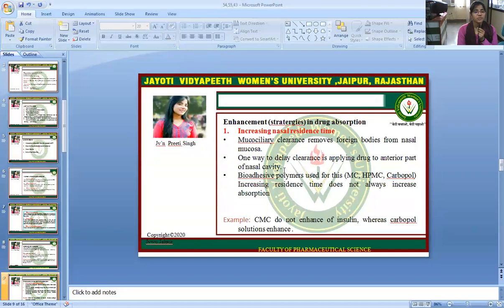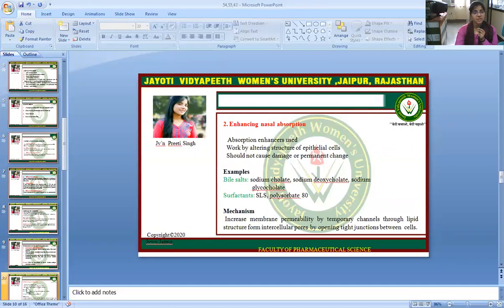Bioadhesive polymers used for this are microcrystalline cellulose, hydroxypropyl methyl cellulose and carbopol. Increasing residence time does not always increase absorption. For example, CMC, carboxymethyl cellulose, does not enhance absorption of insulin, whereas carbopol solution does.